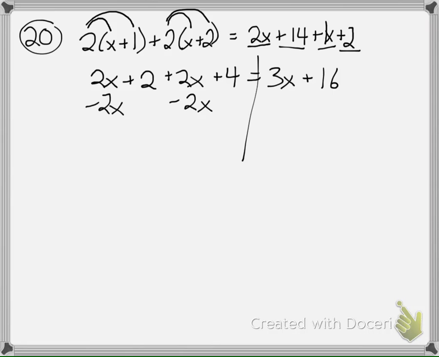Where have I taken 2x away from? One side. In fact, I've taken away from one side twice. So really, this side is now not 2x smaller, but 4x smaller. And this side is the same size as it always was, which means, guess what? They're not equal anymore. If you start trying to solve before you simplify, this is what happens.